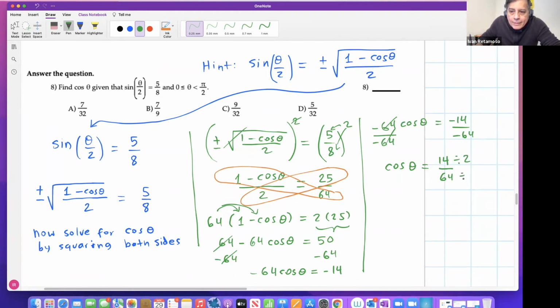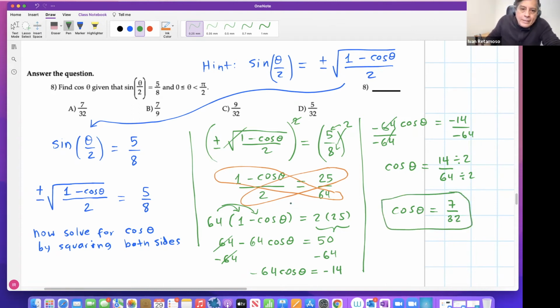Simplifying, dividing both by 2, cosine of theta ended up being just 7/32, right? Very good, guys. And then you look through the choices, and it should appear there. Excellent.